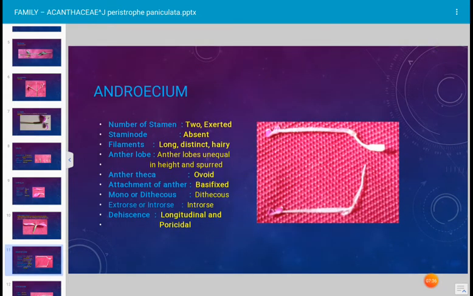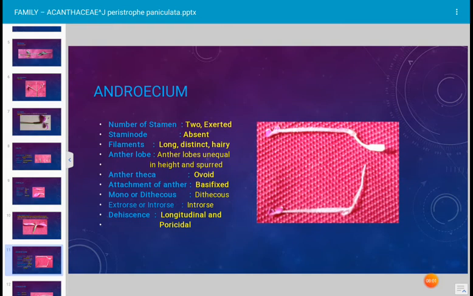Next, the androecium. Androecium is the male part of the flower. It consists of stamens. How many stamens are present in Peristrophe paniculata, family Acanthaceae? There are 2 stamens. These stamens are exserted and somewhat petaloid, pink in color.